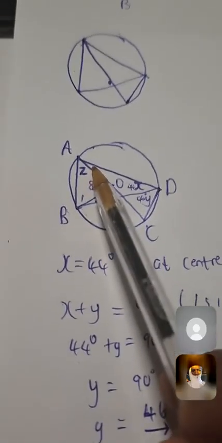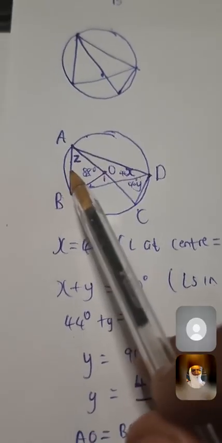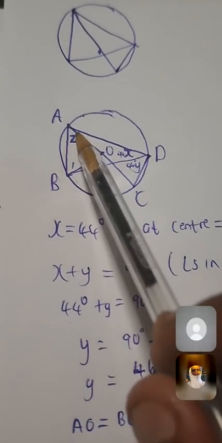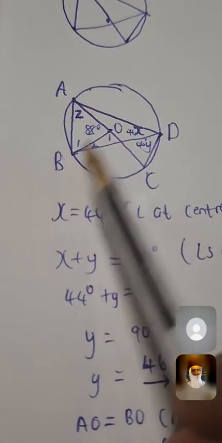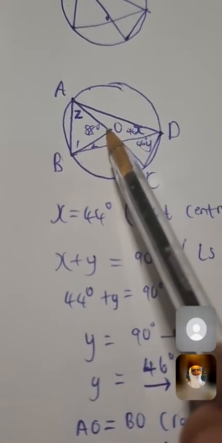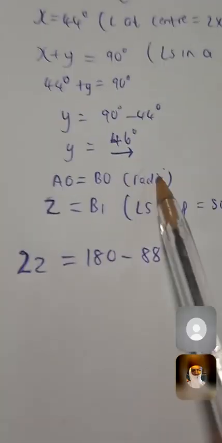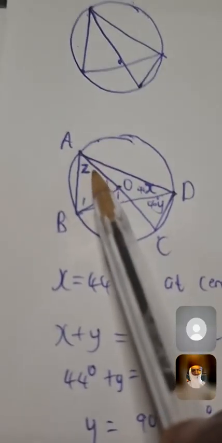Just before that, for someone who's watching, who may be asking how did he get there: Rufio is looking at this triangle now. Remember, Rufio said AO is equal to BO, because they are radii, and we know radii are equal.